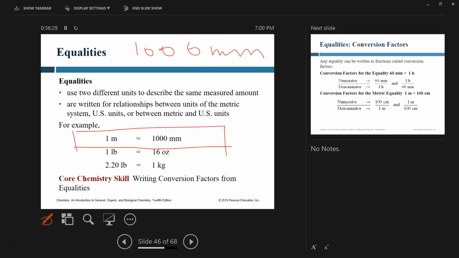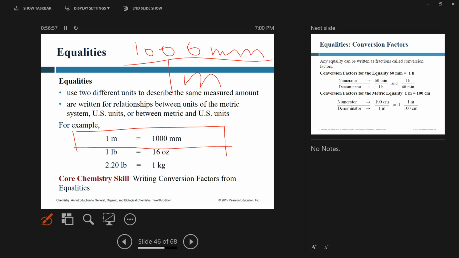Thousand millimeters in 1 meter. That's the conversion factor. Does that make sense? Yes. 1,000 millimeters in 1 meter. And you can realize that in the metric system, all your conversion factors will be different exponents of 10.